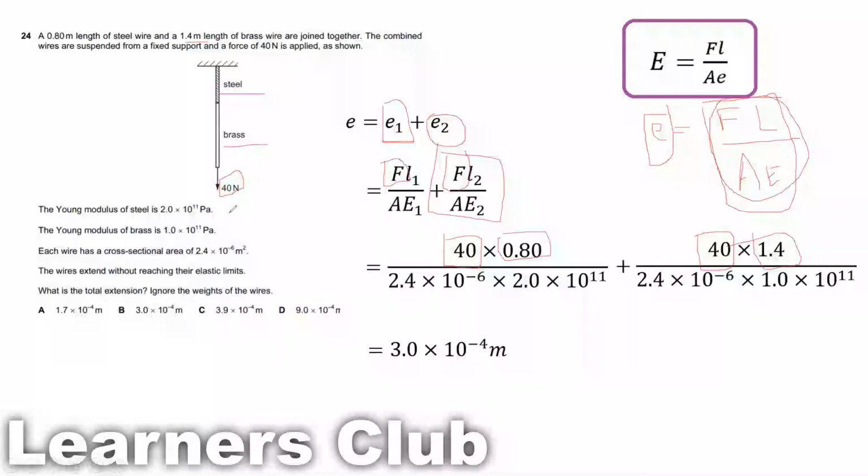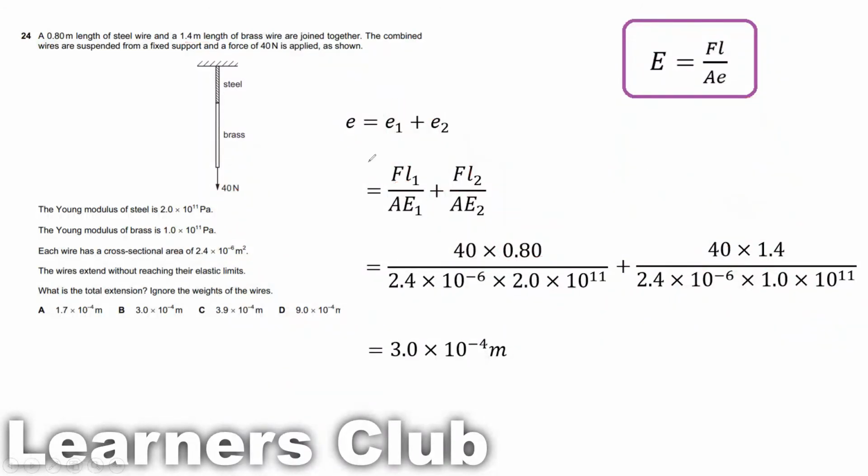The cross-section area is the same for both, which is 2.4 × 10^-6. Then I have Young's modulus. Young's modulus of steel is 2 × 10^11, and for brass it is 1 × 10^11. Using a calculator, sum it. You get 3.0 × 10^-4 meter. Therefore, the option is B.